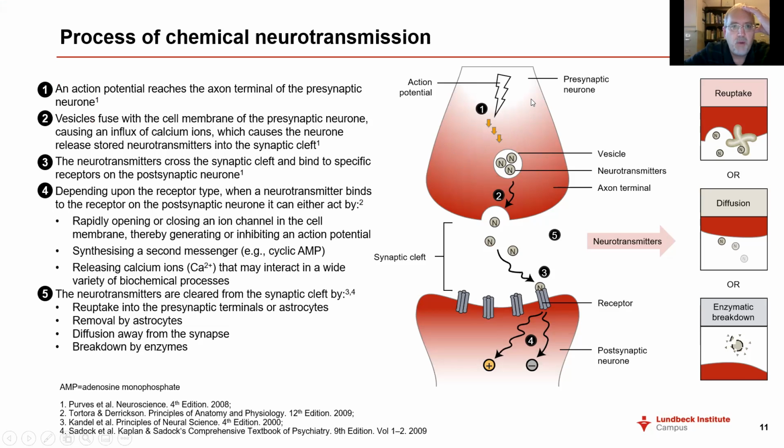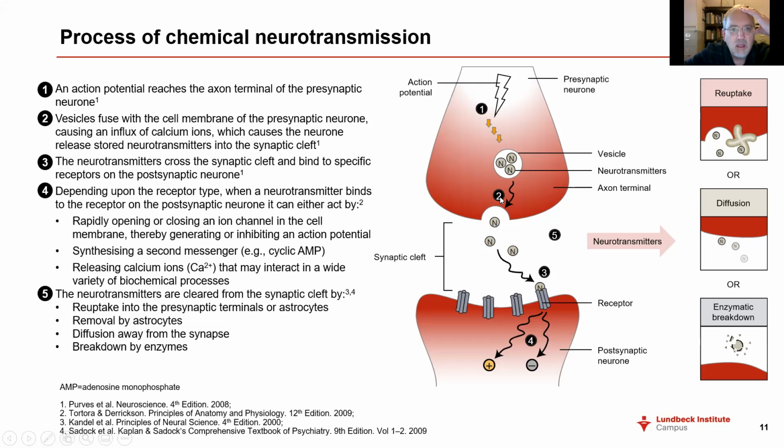There's an influx of calcium ions, and that releases the message, whether it's a message to excite or inhibit the action potential. And then the neurotransmitters cross over. Neurotransmitters are stored up here, and as the calcium ions come in, they cause the neurotransmitters to be released.